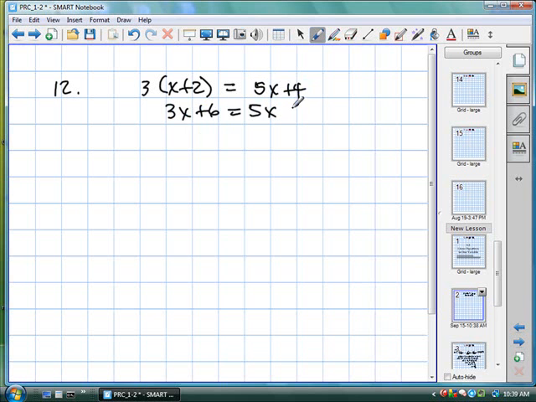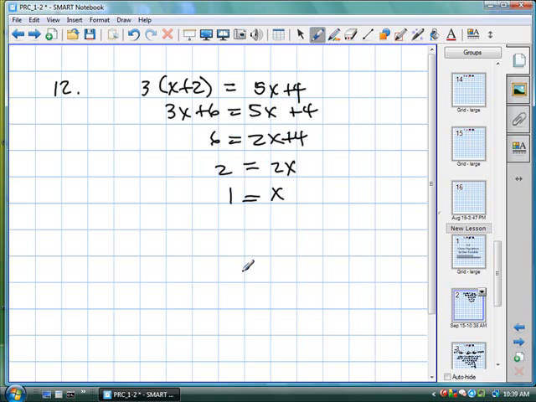What should I do next? Remember, I want to solve for x. Subtract 3x from both sides. Subtract 4 from both sides. Divide both sides by 2.